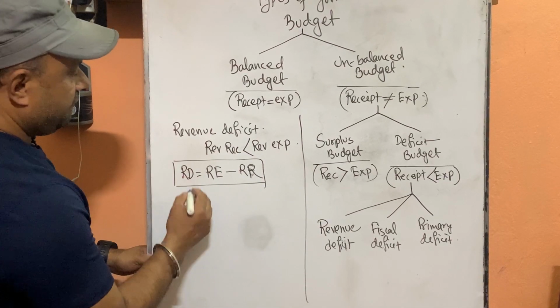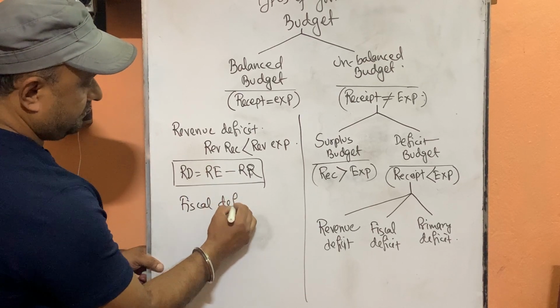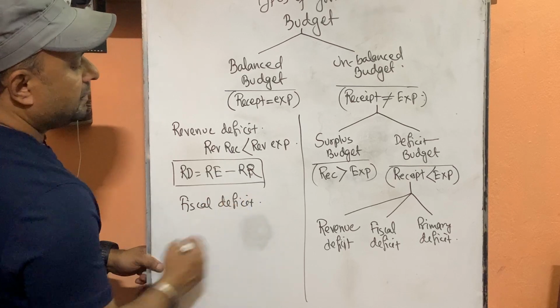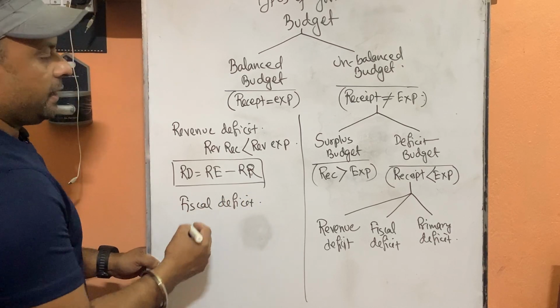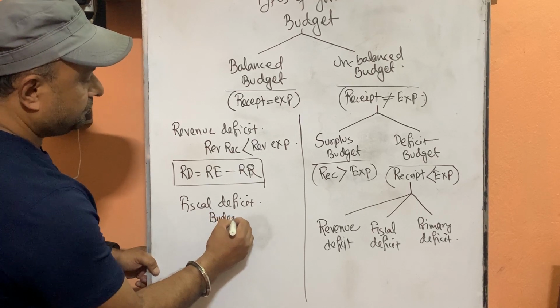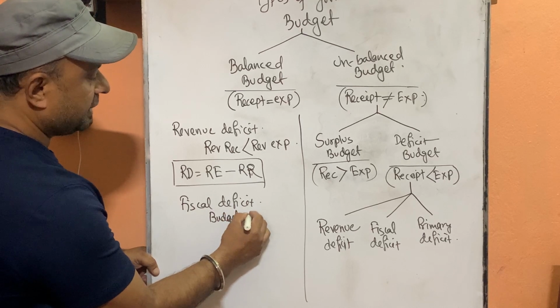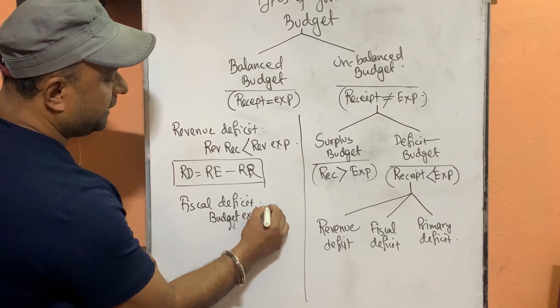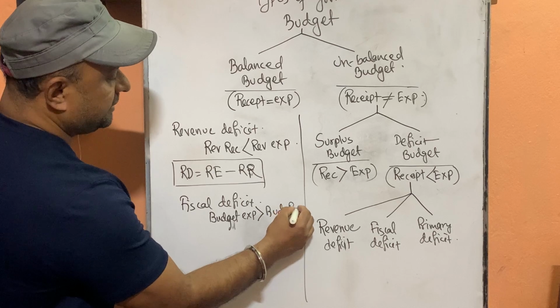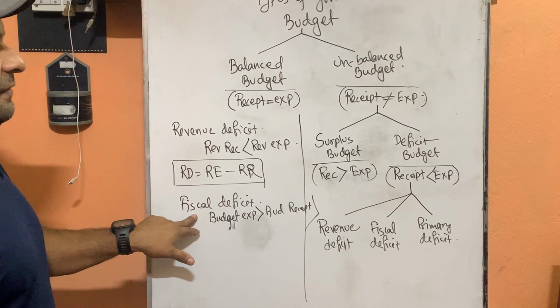This happens when government's revenue income is less than revenue expenditure. Second one is fiscal deficit. Fiscal deficit, which one? When government's total budget expenditure is more than total budget receipt, that time there is fiscal deficit.